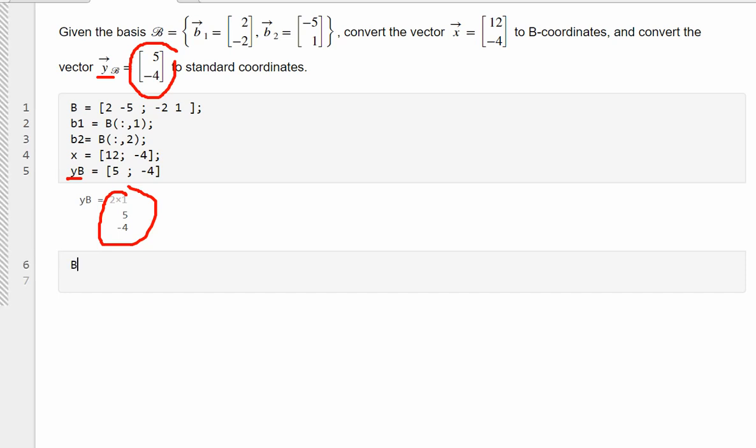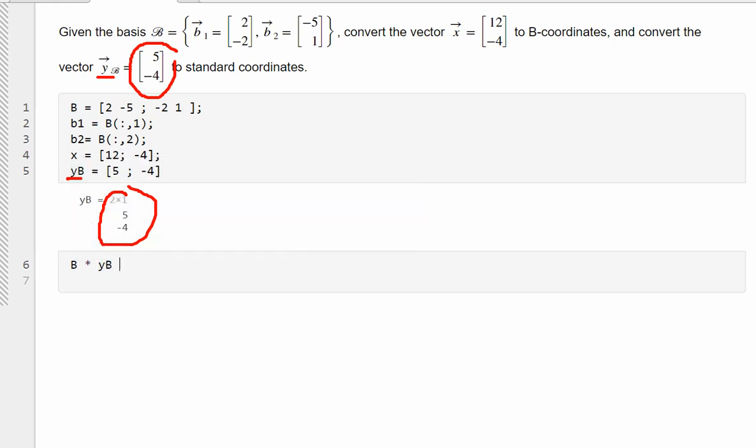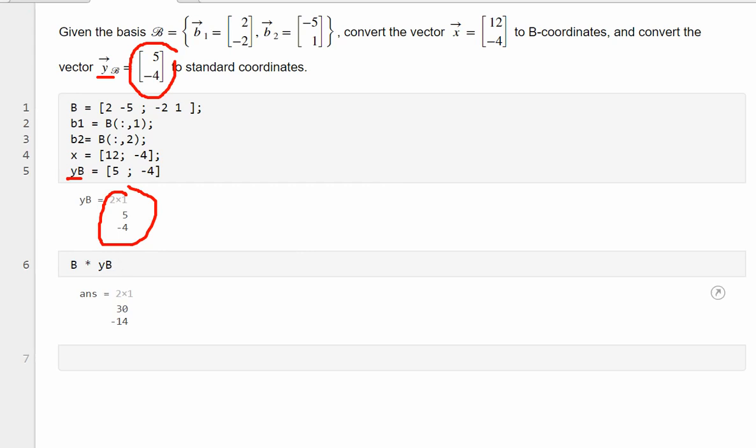So I take the b coordinate matrix, and I multiply by the vector y, which is in b coordinates, and then a straight multiplication will give me the solution. Let me just put this in, because now this is the vector y, and I'm not going to put the subscript b with it. Why? Because it's in standard coordinates of 30, minus 14.